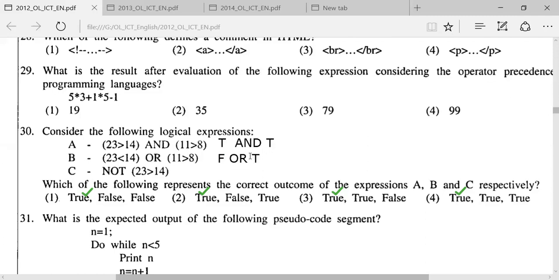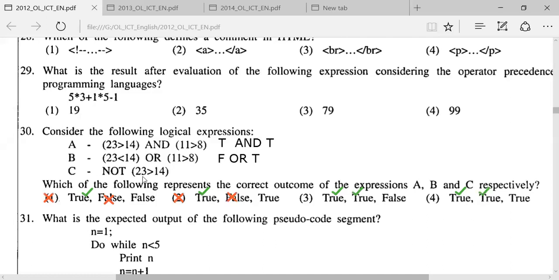Here there's one input true. That's why false or true will provide you true. So the second option will be true. This is false, so you can remove this one. This is false, you can remove this one. Other two, fine.